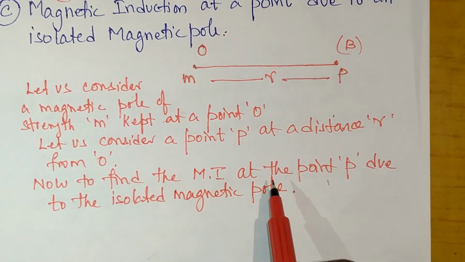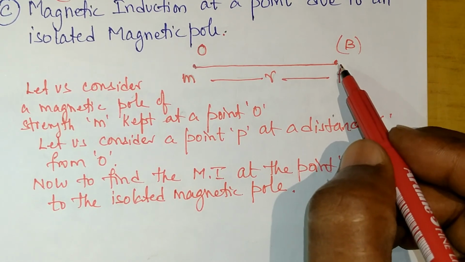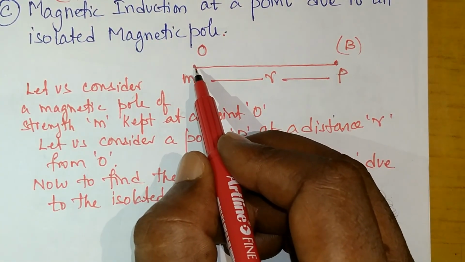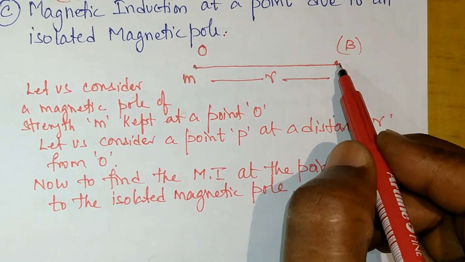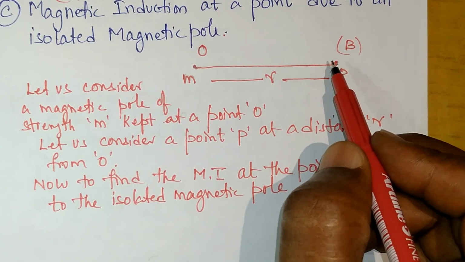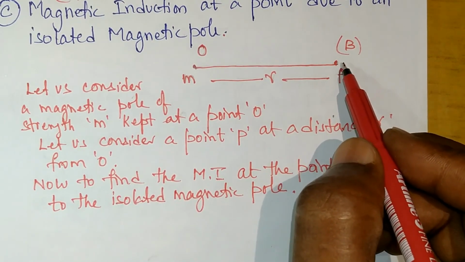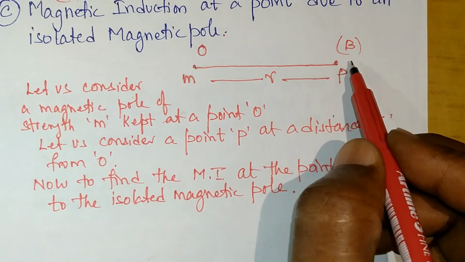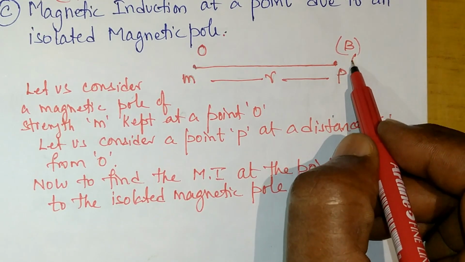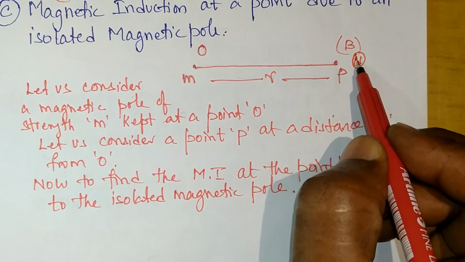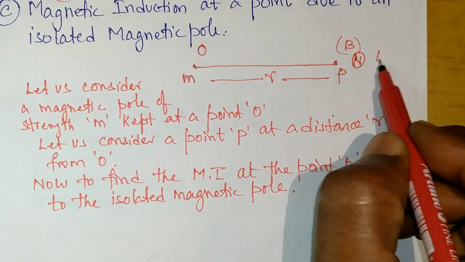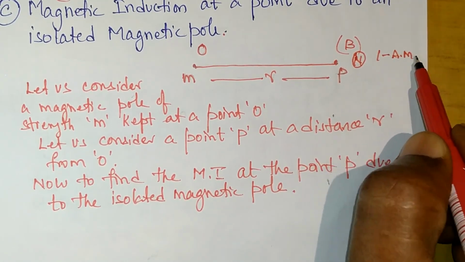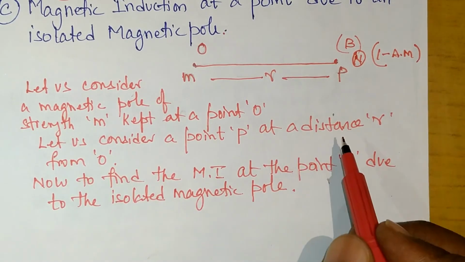So to find the magnetic induction at this point P due to this isolated magnetic pole, what we have to do is place a unit north pole at this point. What does unit north pole mean? I will place a north pole whose strength is 1 ampere meter. Whose pole strength is how much? 1 ampere meter.